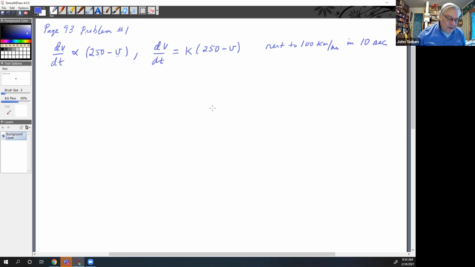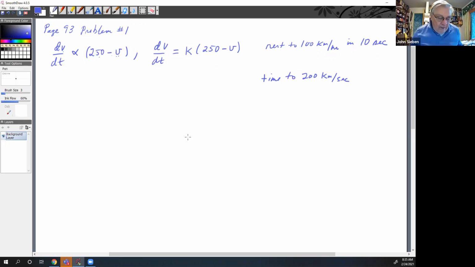So that's a given. We don't know maybe right now how we're going to use that, but that's a given in the problem. And then the question is, how long to 200, was it 200? Yeah, 200 kilometers per hour.